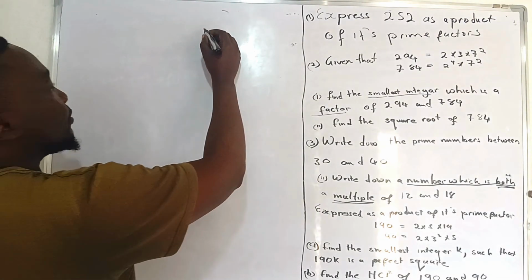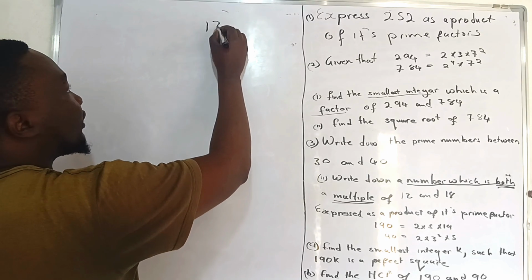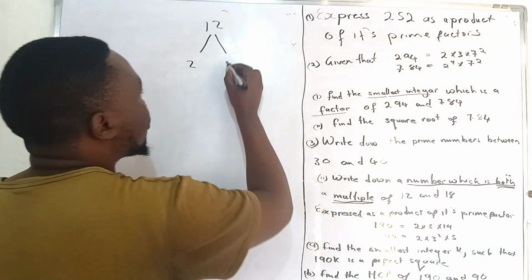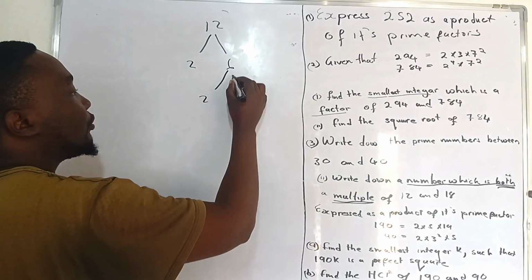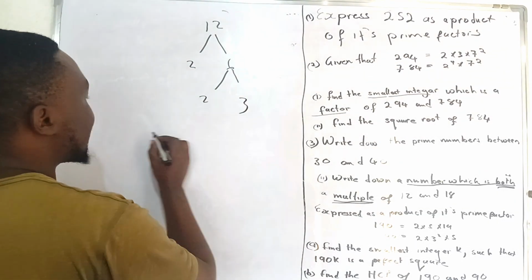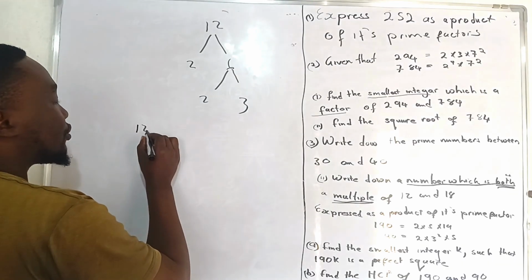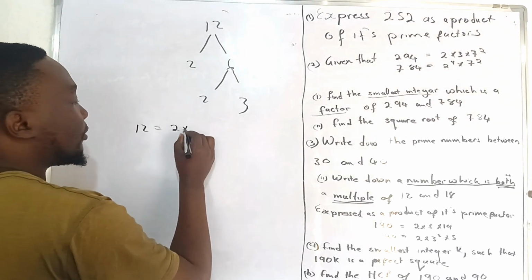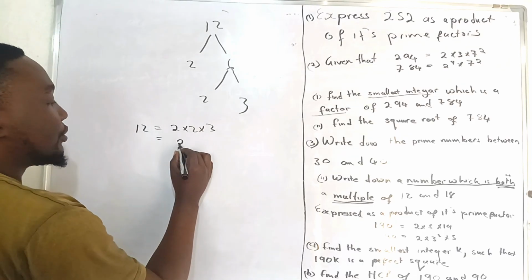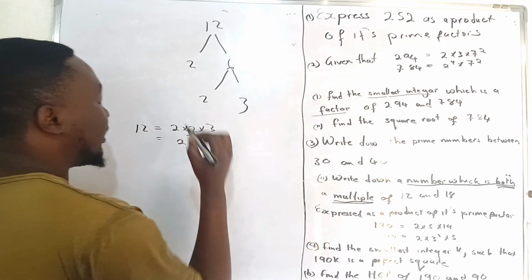So firstly, we express 12 as a product of its prime factors. You have 12, then 2 into 12 is 6, then you have 2 again, that's 3. So 12 is equal to 2 multiplied by 2 multiplied by 3, which is 2 squared times 3.